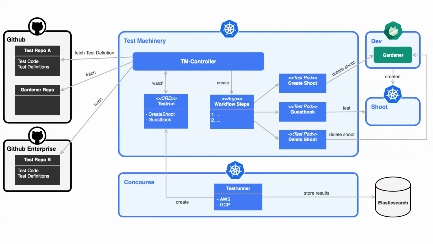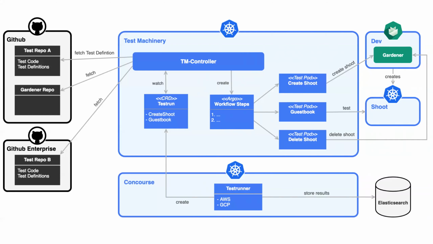Speaking of the tests from the community, I was actually hoping to use this for the HCD performance regression I'm working on. Just wanted to know, to test it locally, I would then have to set up the TM controller and Argo in a shoot cluster of my own, right? Yeah, you can do that. This is just to install the test machinery.